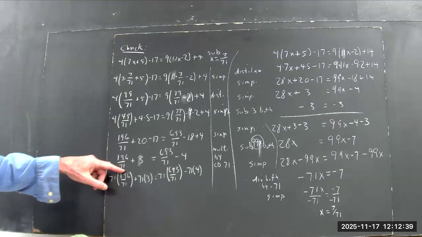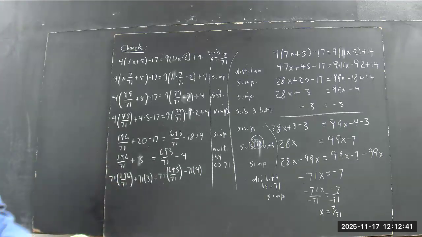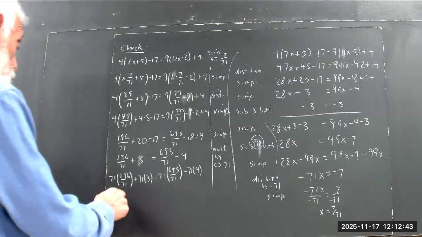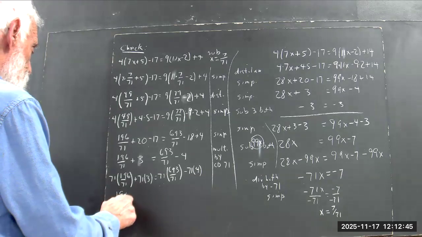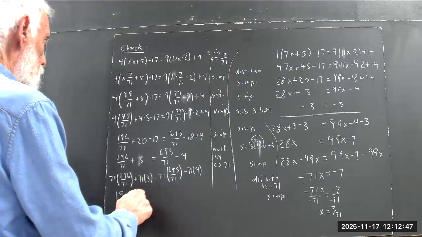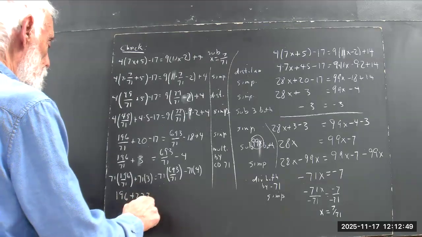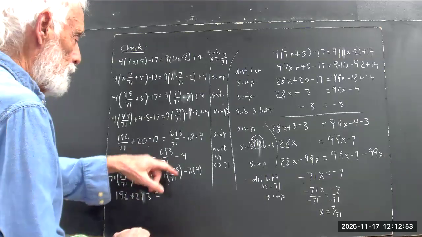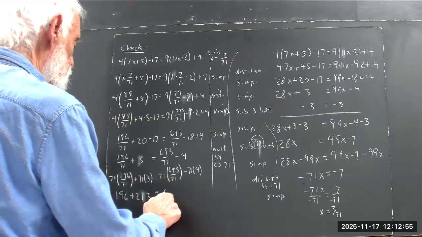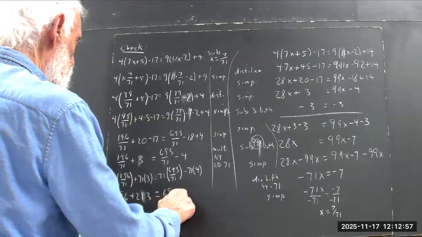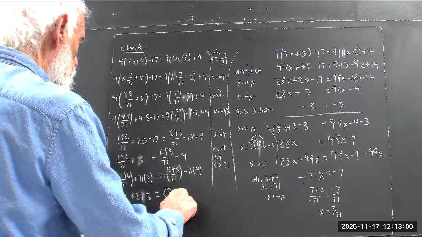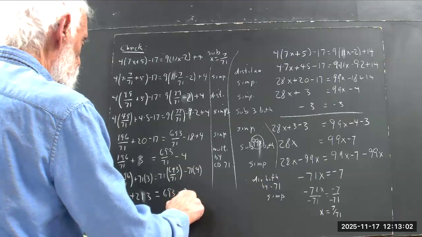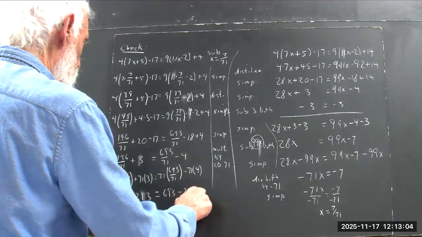Well, 71 times 196 over 71 is really easy. That's 196. 71 times 3 is 213, sorry. 71 times 693 over 71 is 693. And that's minus 284.